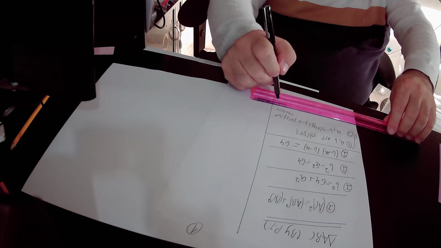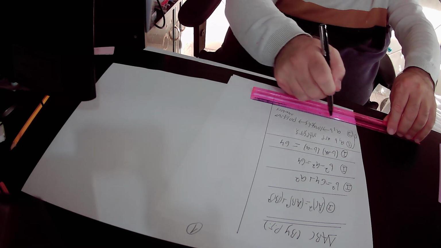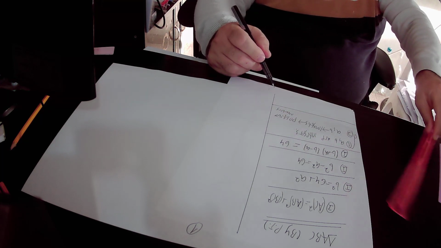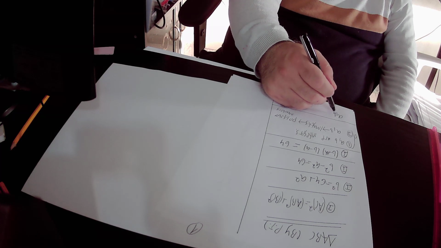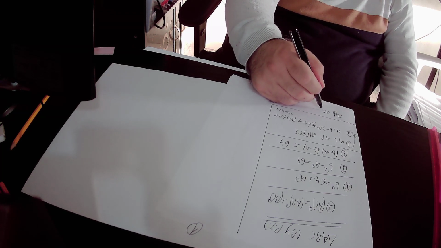So from 1 and 2, we will derive that A and B are positive integers.